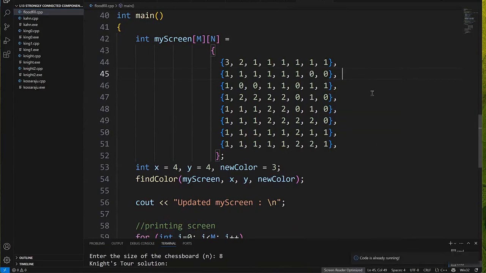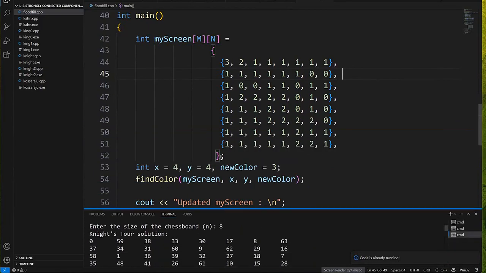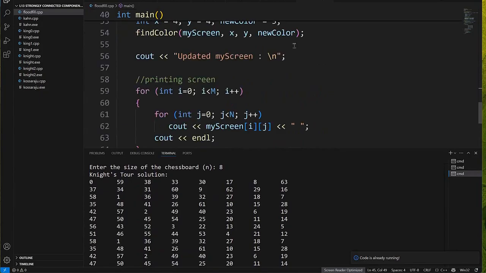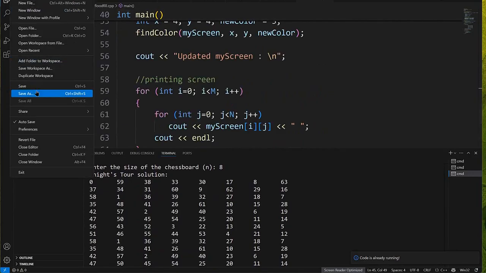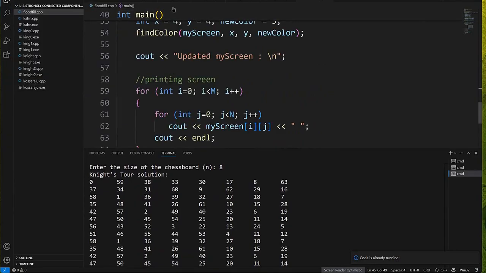So that's wrong. I'm sorry, this one actually. Let's save all, let's quit it. Let's actually use the terminal.